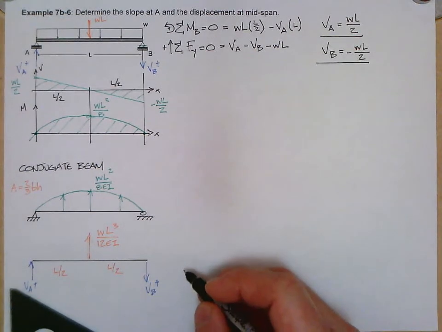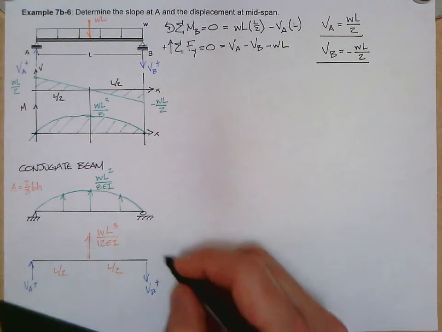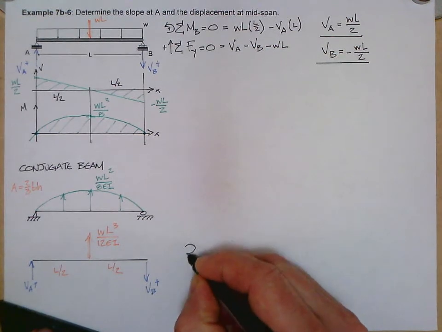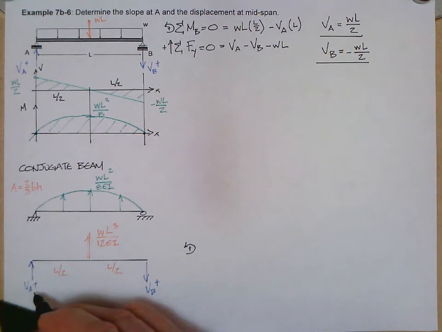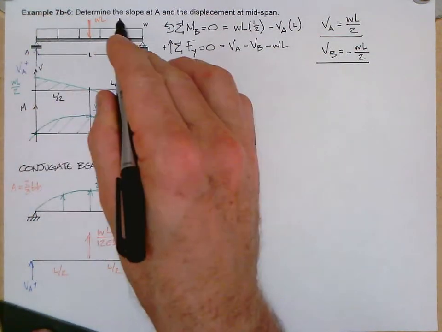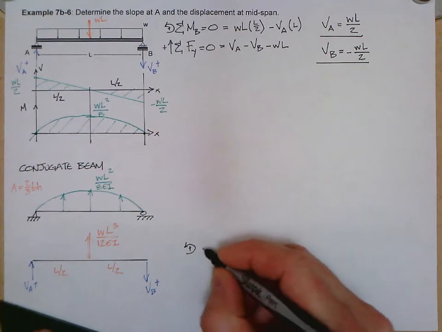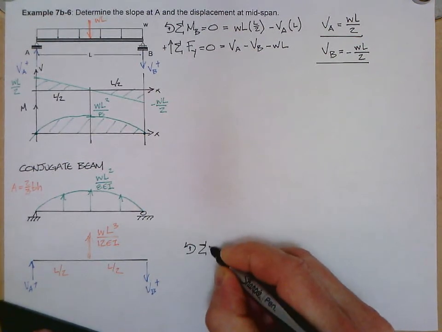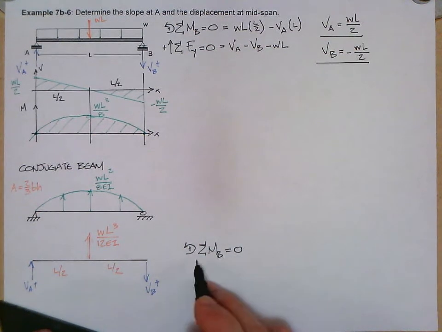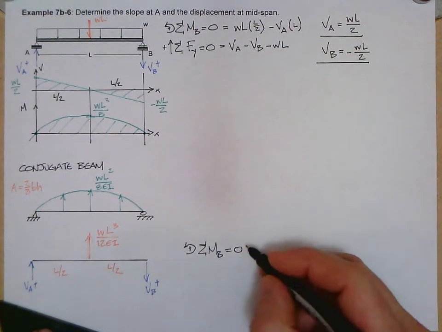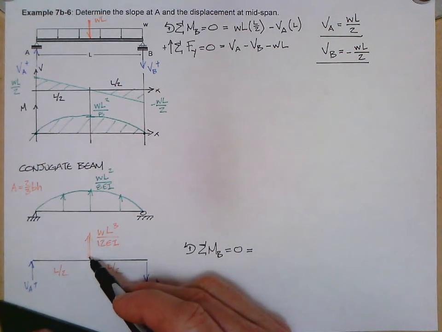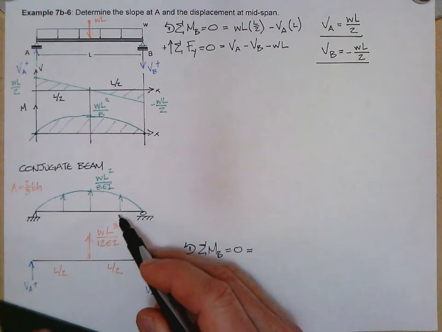So I'm going to end up here, but I'm going to have to come back up to this area. So I'm going to go ahead and squeeze down in here the solution for this part. So I'm going to start by summing moments, and I want the slope, the shear at A, because the shear at A in the conjugate beam is going to give me the slope at A in the real beam. So let's sum moments about B, make sure it's in equilibrium. So there's my statement. Well, about B, this load's going to create negative moment.